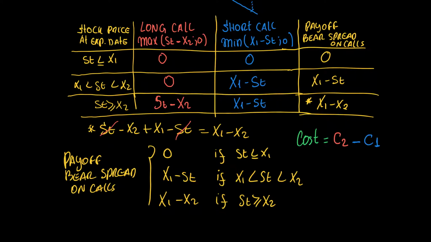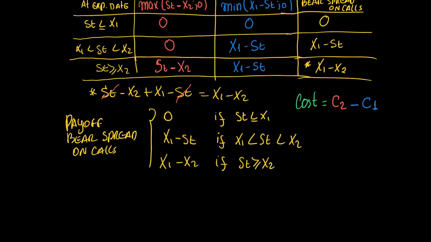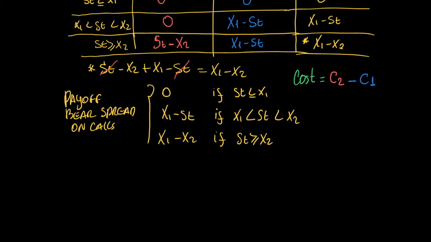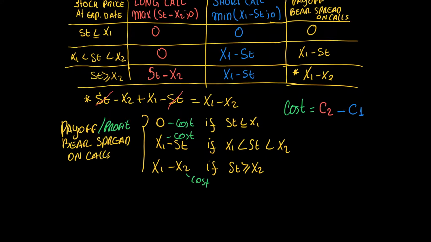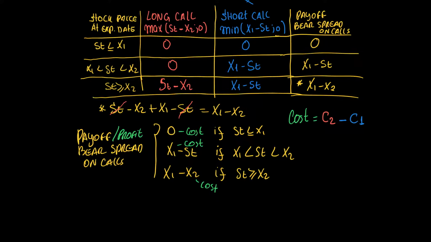And in order to get the profit table, let's imagine that instead of payoff, I want the profit table. It's exactly the same, but I just subtract the cost. So this is the final table for both the payoff and profit tables of a bear spread on calls.